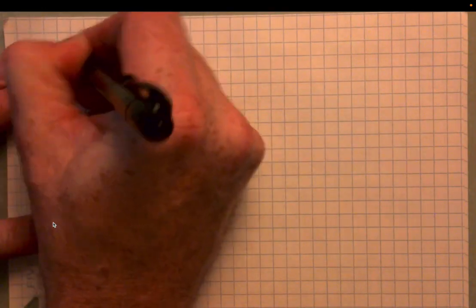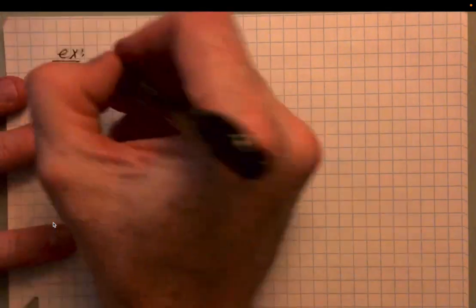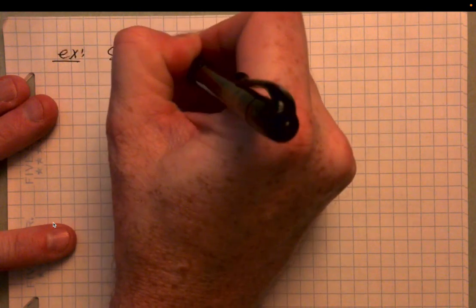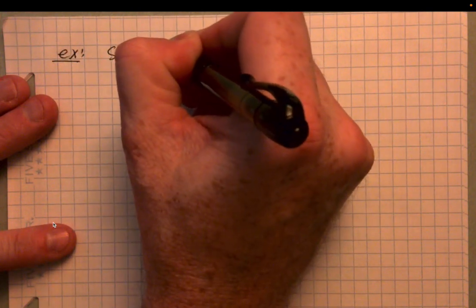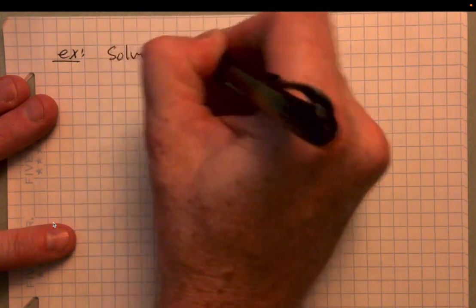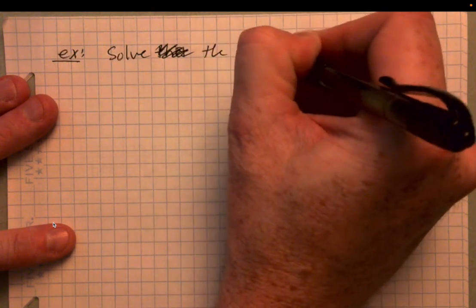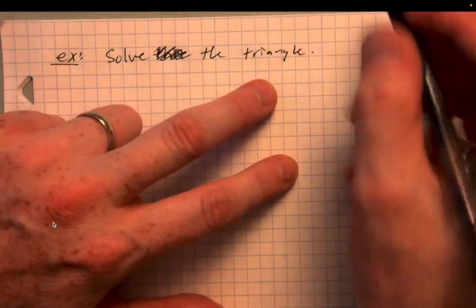And so let's take a look at an example of how to use this. Let's solve the triangle. Oops. Solve the triangle. I'll just draw the triangle.